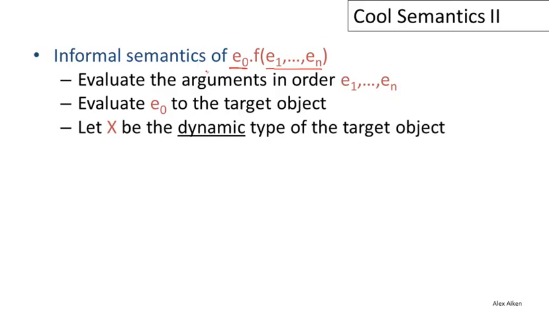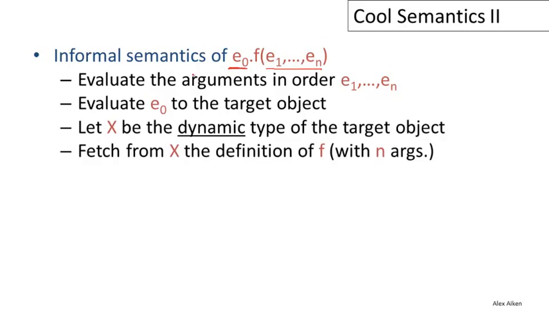Next, we're going to look at the dynamic type of the target object. So after we evaluate E0, we're going to look at what its class tag is. And then we're going to use that type to figure out which function f we're supposed to use. So we're going to look in the method table for the class X and see what method it has for f.